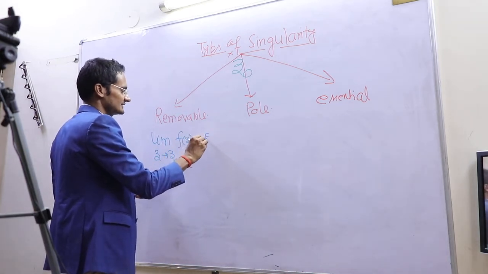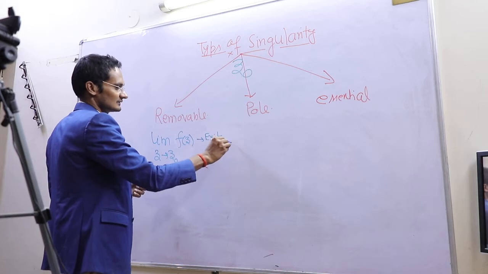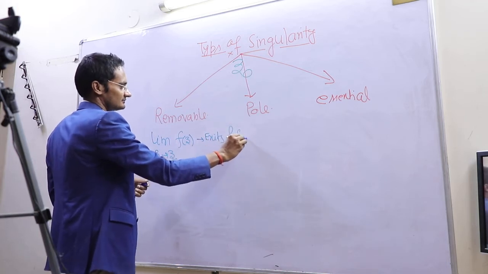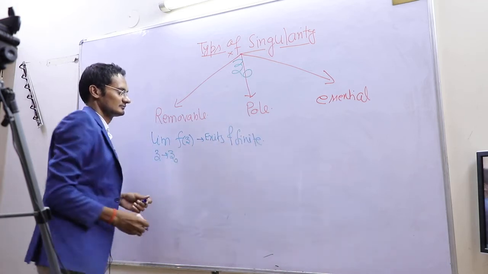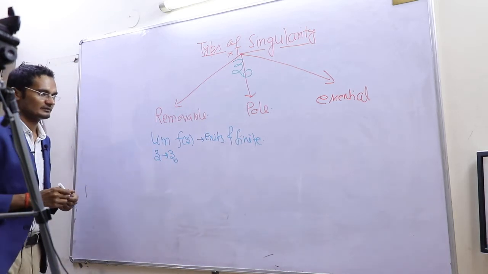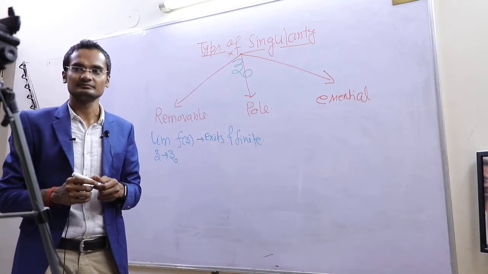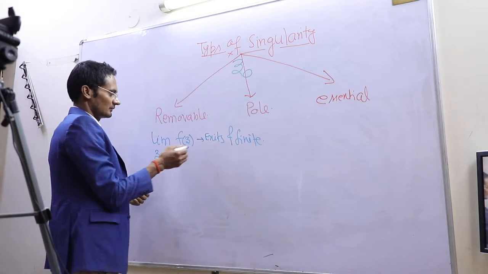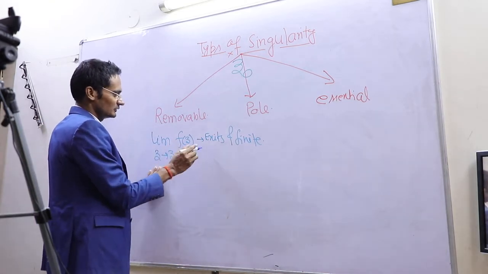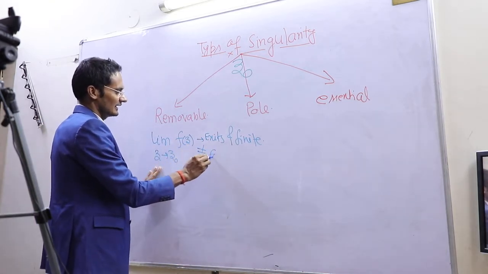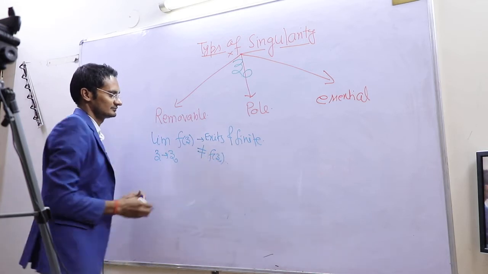This should exist and be finite, but this limiting value should not be equal to f of z naught.